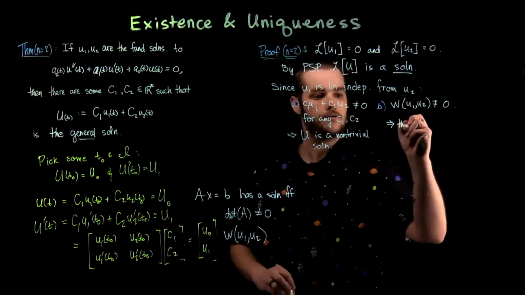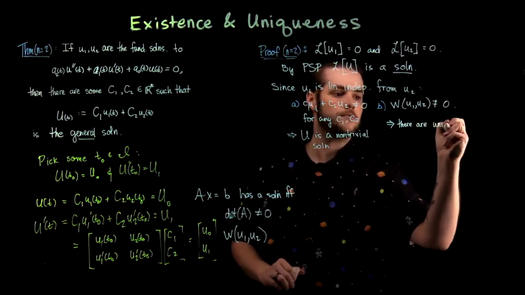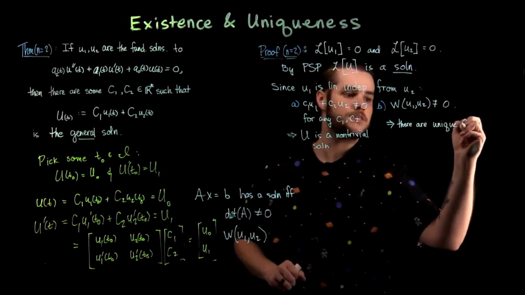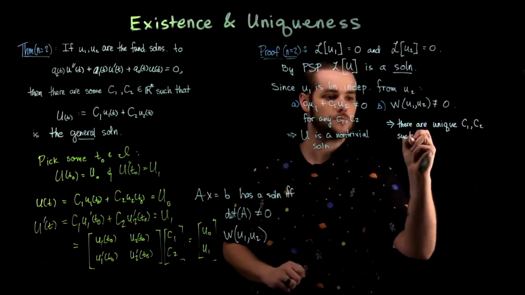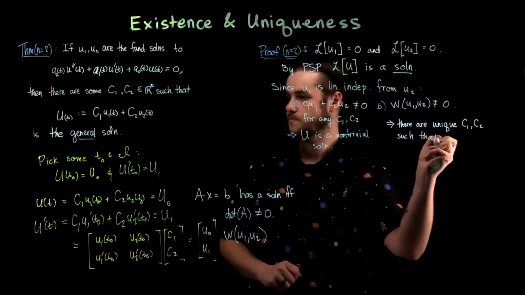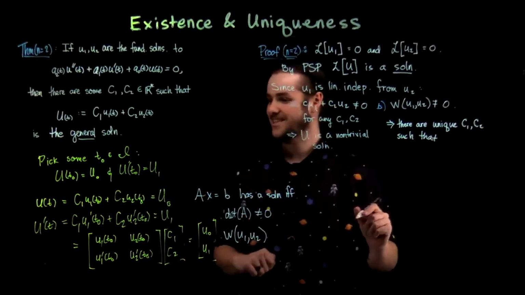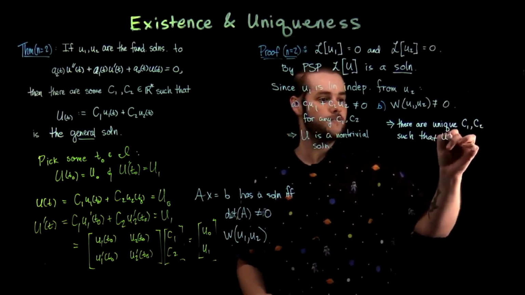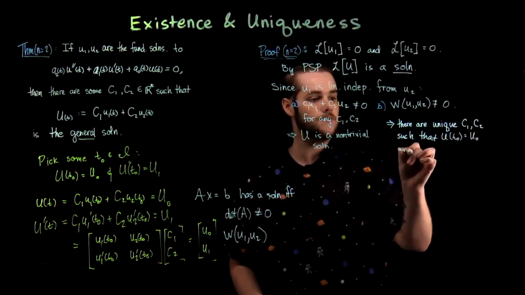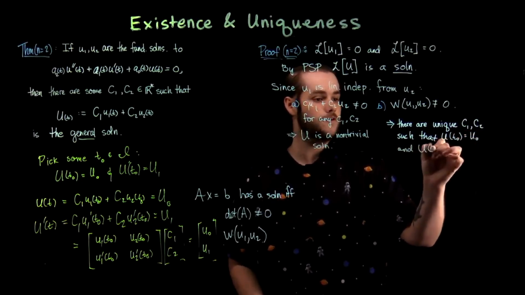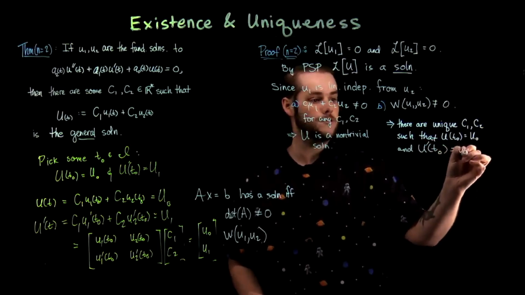There are unique C1 and C2 such that these guys, right? Such that U of t naught equals U naught and U prime of t naught equals U1.